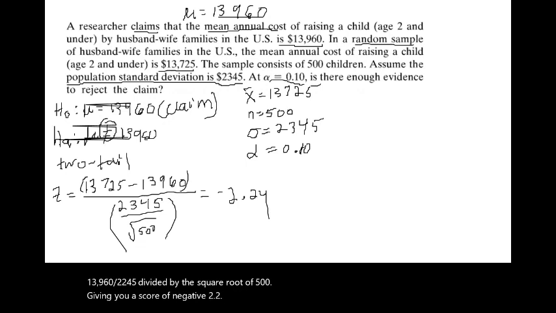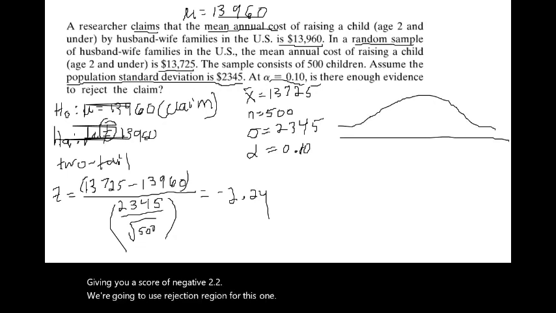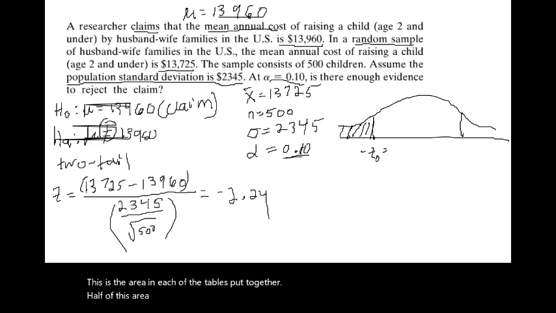So then we're going to use rejection regions for this one. Since this is a two-tailed test, that means this alpha is the area in each of the two tails put together. So the area to the left of this negative z naught is going to be half of alpha. So this area right here is going to be 0.05.